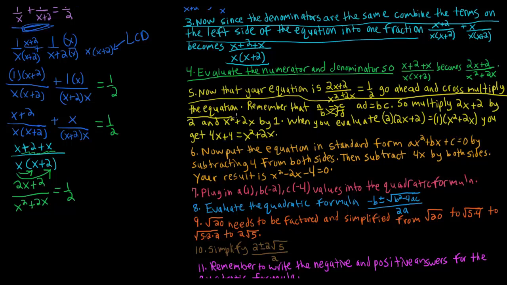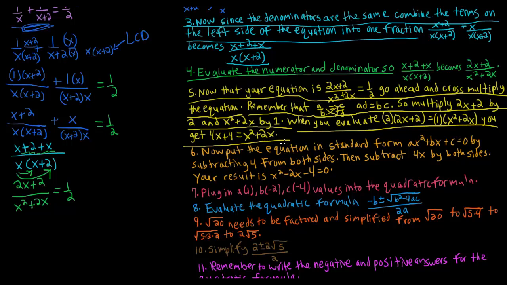Remember that a over b equals c over d when you multiply a times d and b times c. So AD equals BC. So multiply 2x plus 2 by 2 and x squared plus 2x by 1. When you evaluate all of this, you end up with 4x plus 4 equals x squared plus 2x.